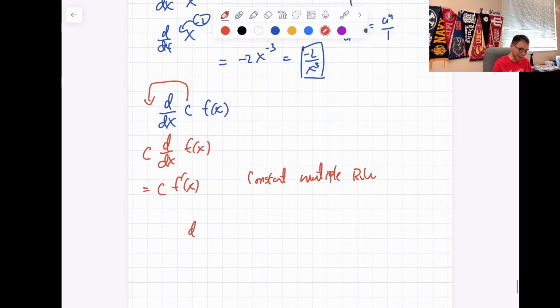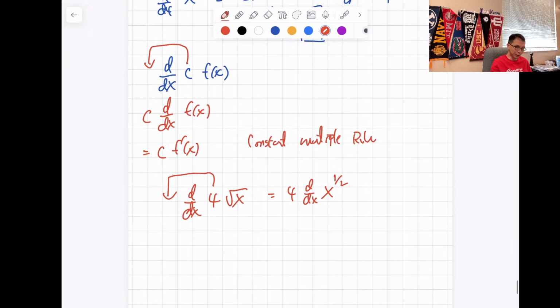So how do I take a derivative of this? 4 root x. Do I have to worry about the 4? Can I take it in the front like this? So it'll be 4 times d/dx of root x, and root x is what? The 1/2 power, right? Constant multiple rule, yeah.